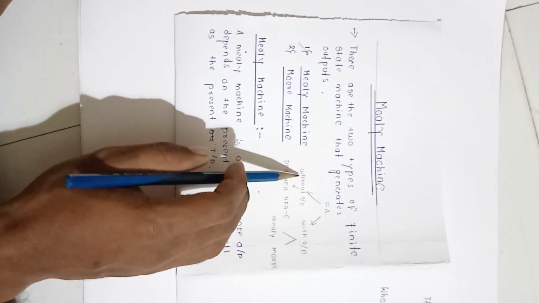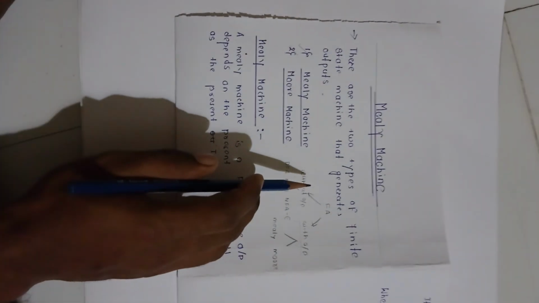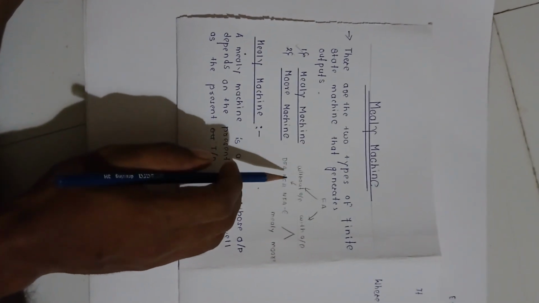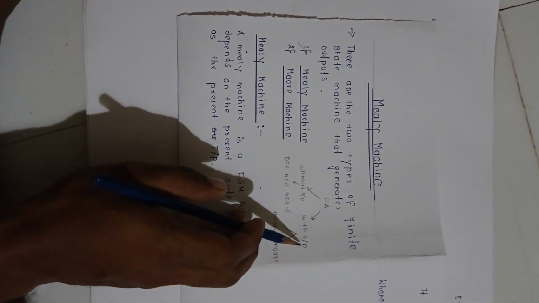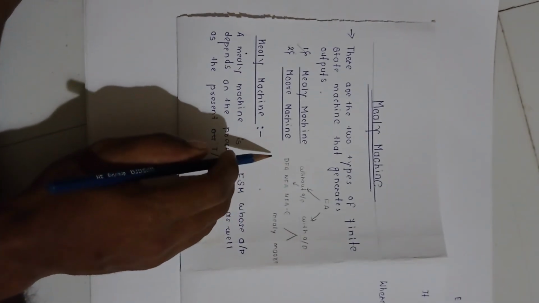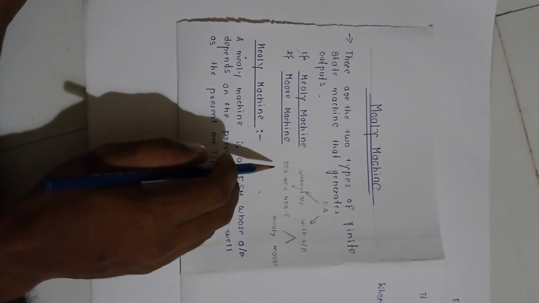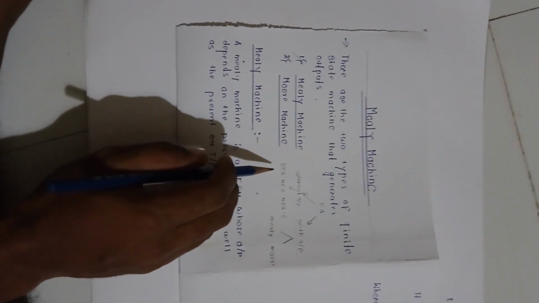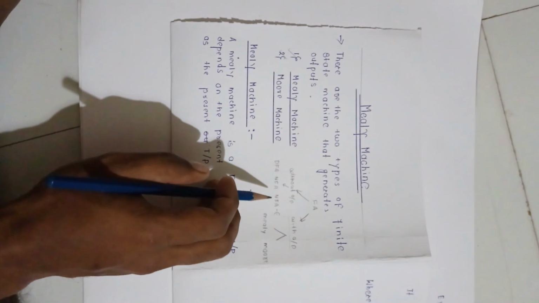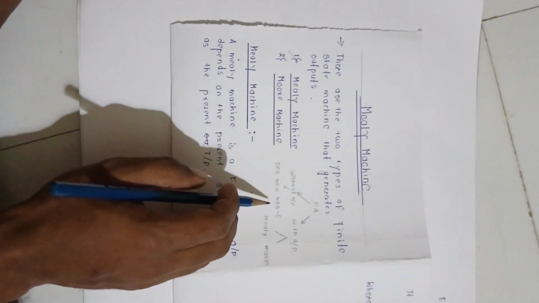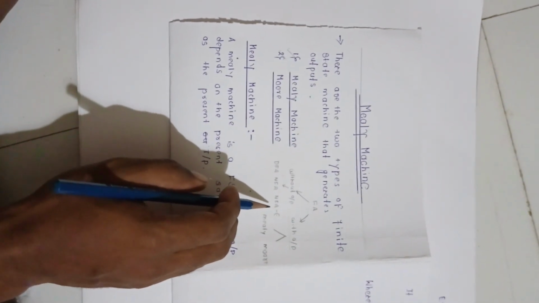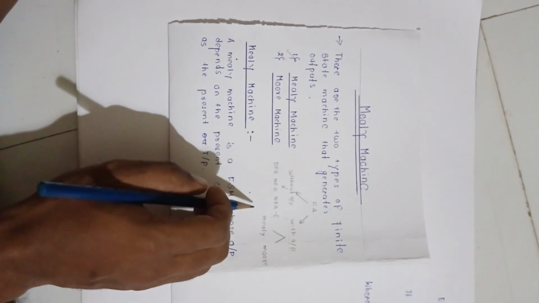Finite automata are of two types: without output and with output. Without output, there is DFA, the deterministic finite automata, and NFA, the non-deterministic finite automata, and NFA with epsilon.